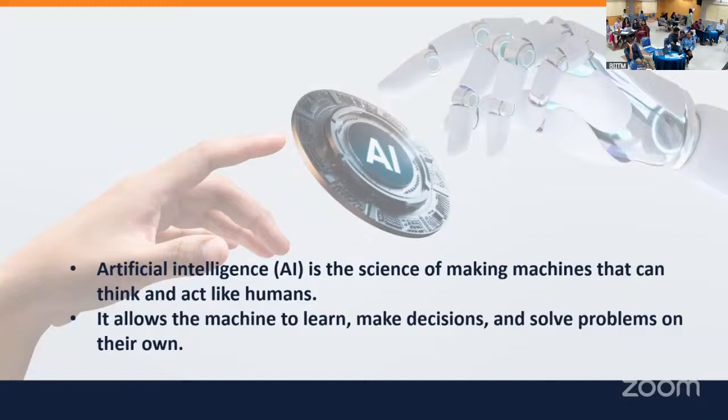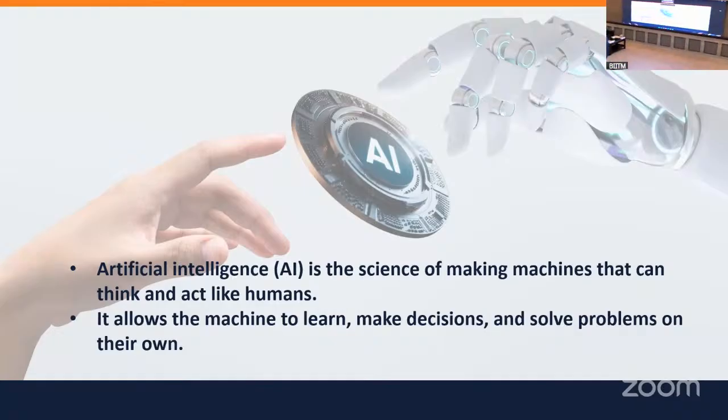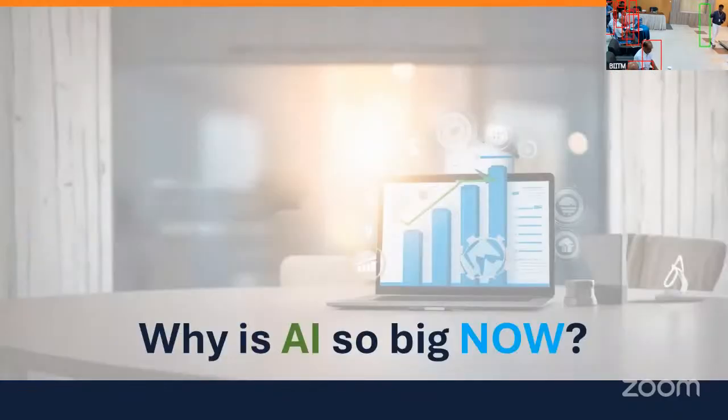So basically, what AI does is the ability of a system to copy human cognitive functions. Okay, the way we think, the way we do our work. So what does ChatGPT copy then?